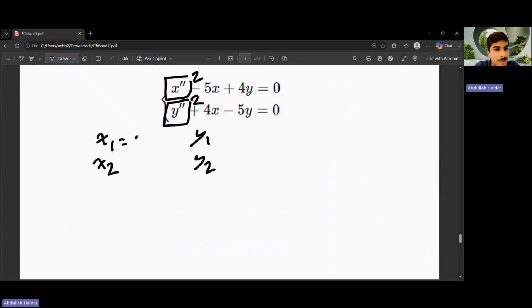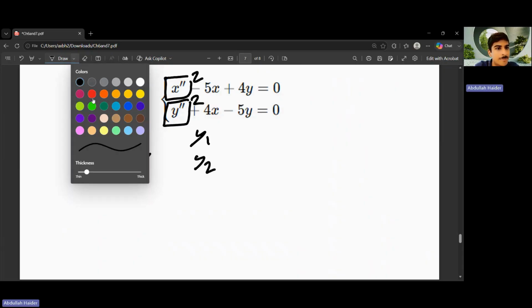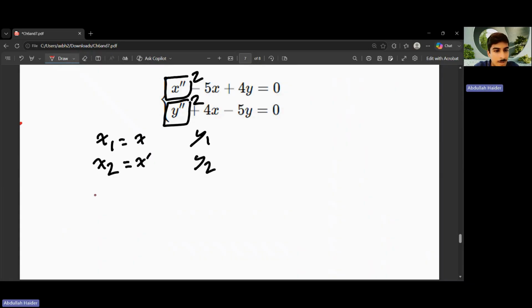Our x1 will be x, and our x2 will be x prime. Now I want to find my x1 prime, and I want to find my x2 prime. Now x1 prime is basically x prime. I do the derivative of both sides, and I get x1 prime is equal to x prime. And this x prime matches x2, so my x1 prime is equal to x2.